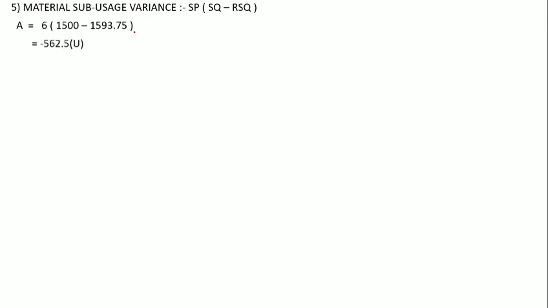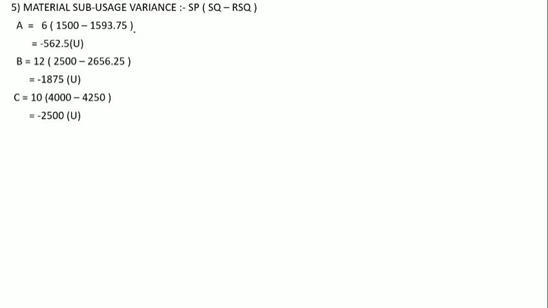So the final answer is minus 562.5. For chemical B, 12 in bracket 2500 minus 2656.25. So the final answer is minus 1875. For chemical C, 10 in bracket 4000 minus 4250. The final answer is minus 2500.